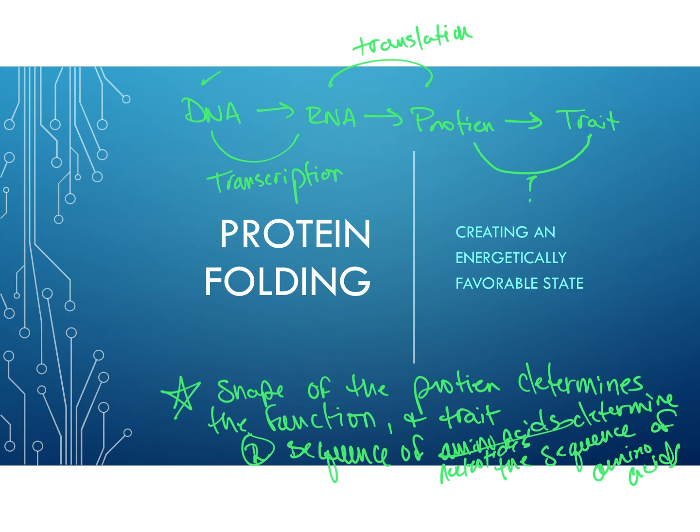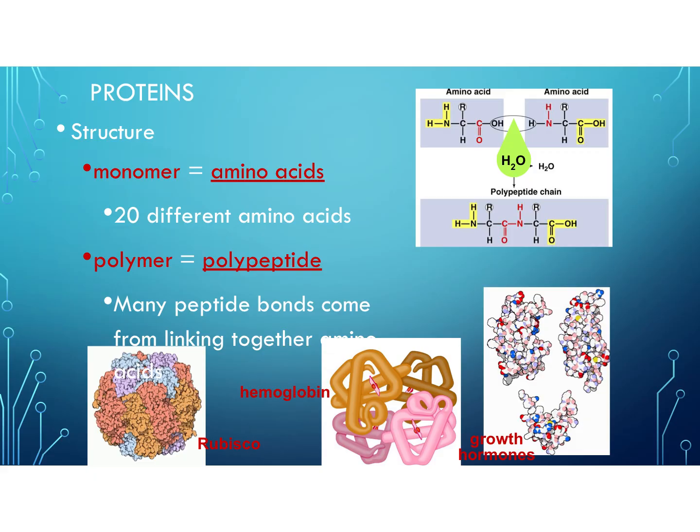In the last lecture, you learned about mutations and the different types: point, substitution, deletions. But now we're going to see what happens to the protein itself. Again, this is all review from last time. We know that proteins are made up of the monomers, or building blocks, amino acids.